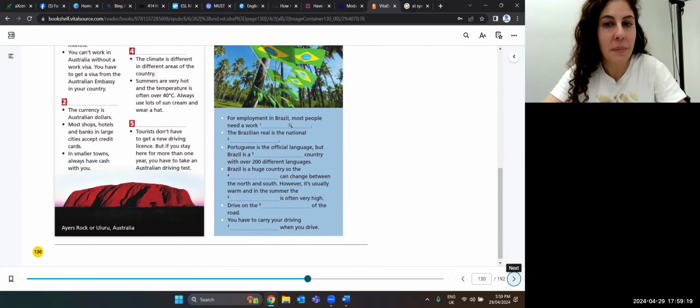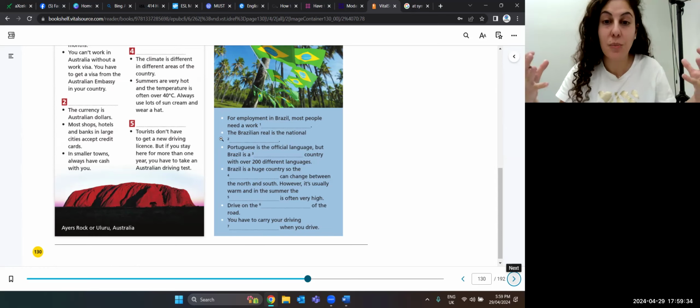So for employment in Brazil, most people need a work visa. The Brazilian real is the national currency. That's the national money. That's what people use, currency.